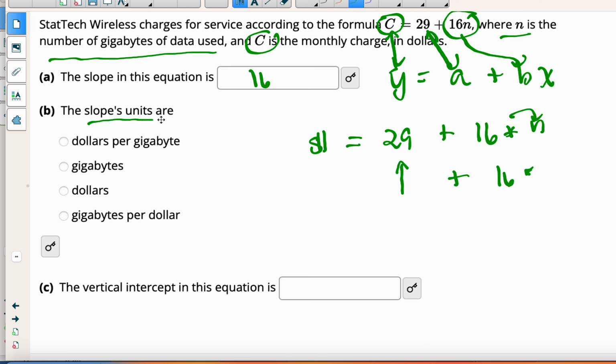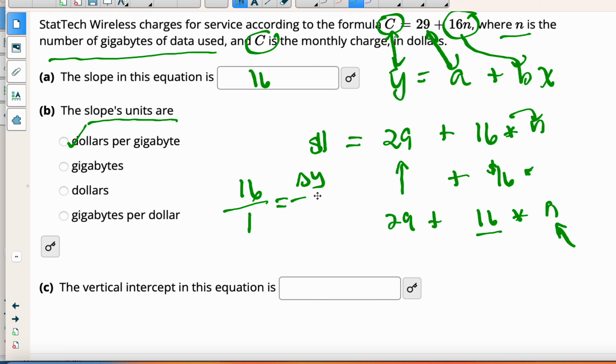The slope's units are, well, this is $16. I get charged $29 plus $16 for every gigabyte used, N. So this is $16 per gigabyte. Dollars per gigabyte. The slope is 16 over 1.